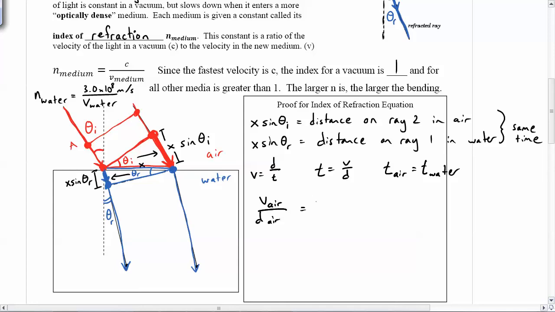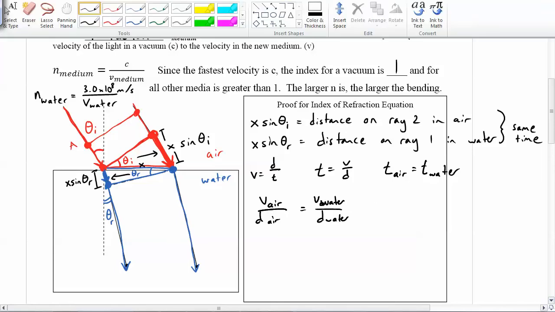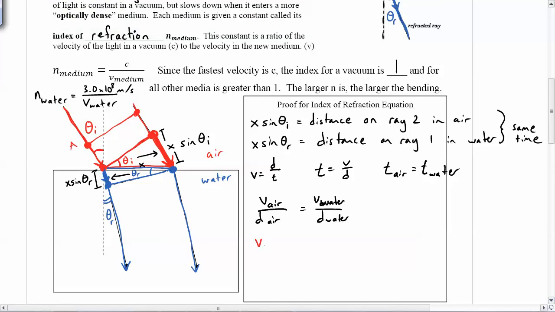And the time in the water is the distance in the water divided by the velocity in the water. So the velocity in the air is going to be fast. That's almost the speed of light. The distance in the air is this one, x sine theta I.